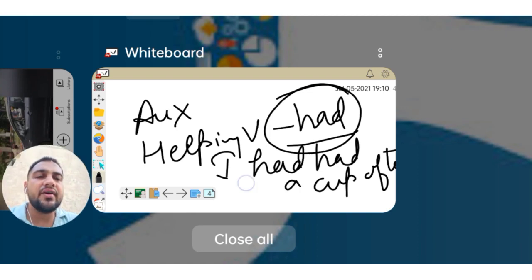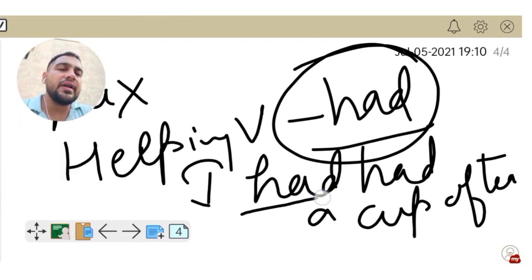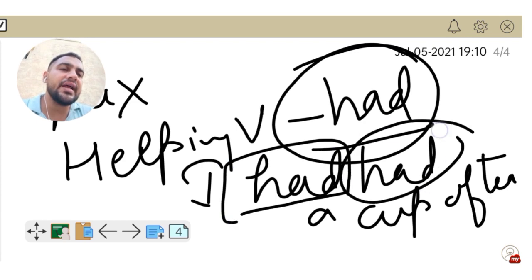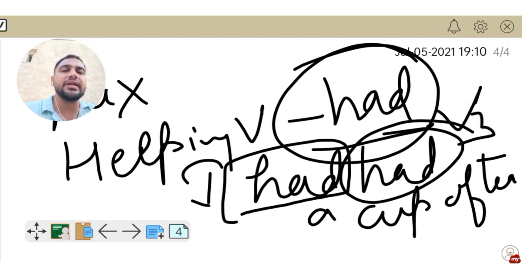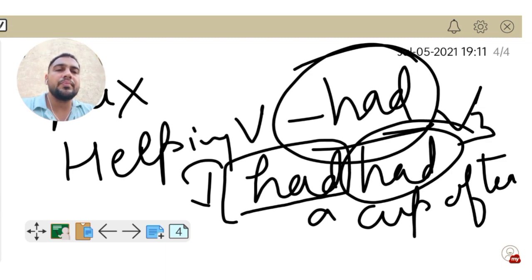One had here is a helping verb and the other had is actually the main verb, the third form of the verb. Has and have are the first form, had is the second form, and had again is the third form. So the third form also comes as a main verb. Basically the helping verb will remain had only.